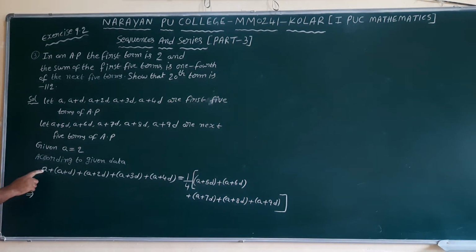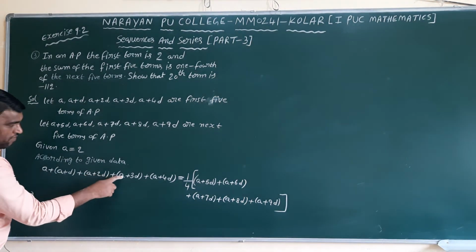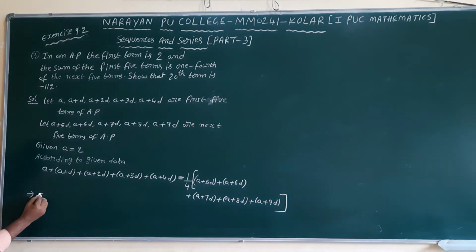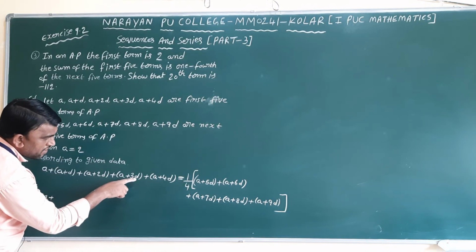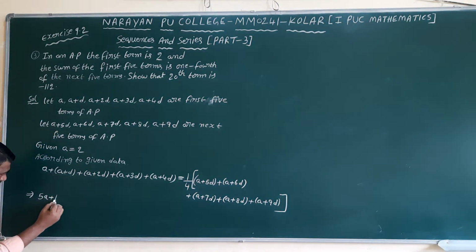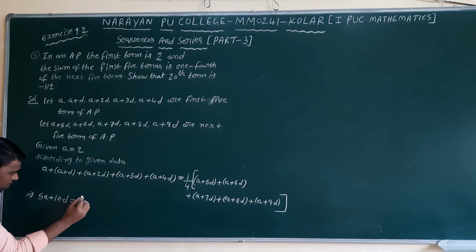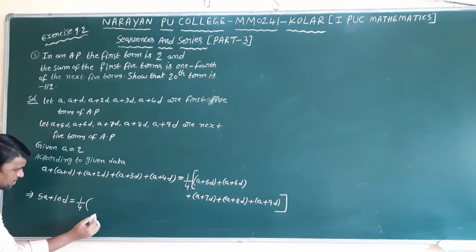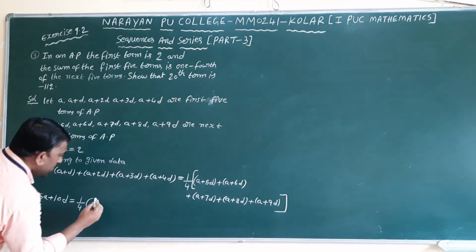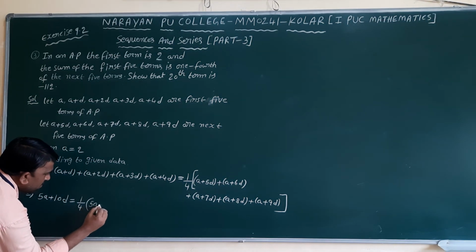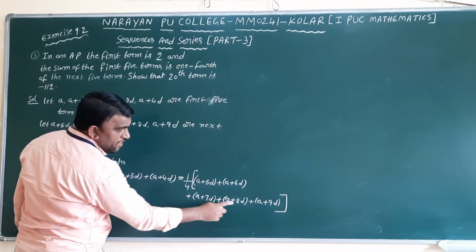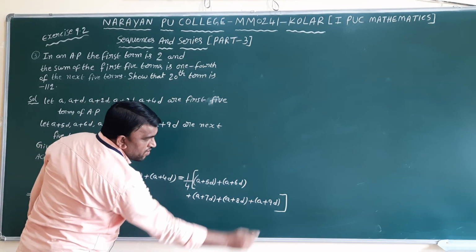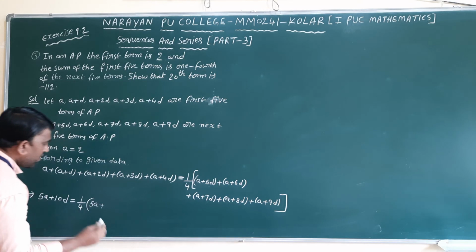So add the A terms: 1, 2, 3, 4, 5, that is 5A, plus the D values: D, 3D, 3D plus 3D is 6D, 6D plus 4D is 10D, equal to 1/4. Same thing on the right side: 5A, then 5 plus 6 is 11, 11 plus 7 is 18, 18 plus 8 is 26, 26 plus 9 is 35D.